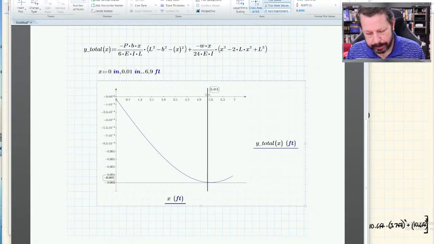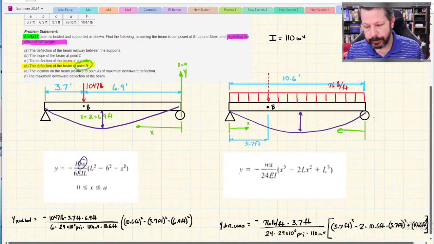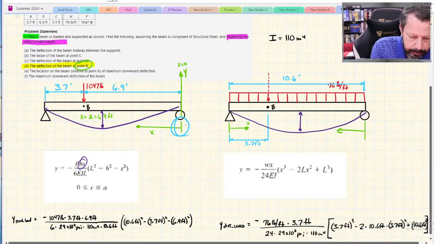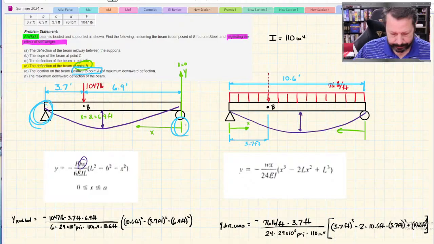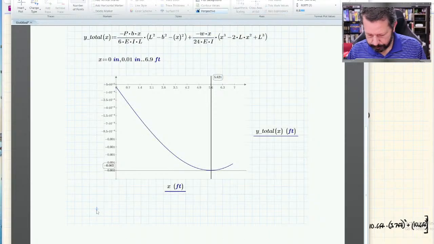So mine shows 5.621 or whatever, but I'm measuring from over here, and the problem says relative to point A, which is over here. So I actually have to subtract the length L from whatever I'm calculating. So L is, well, 10.6 feet.